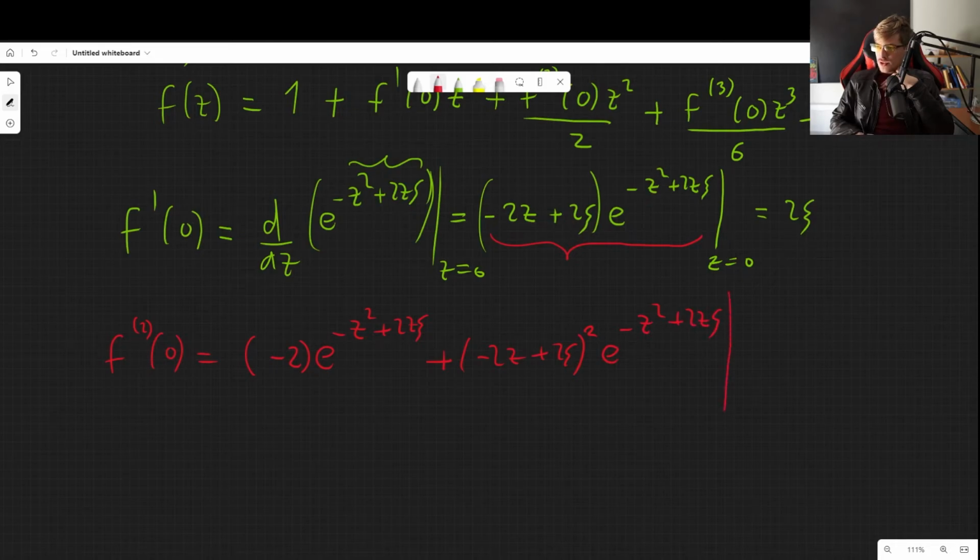And we have to evaluate all of this at z equals 0. So when we do that, this exponential, well, it's 1, so we get minus 2. And this thing right here, z here, it's 0. So we are left with 2 psi squared, so plus 4 psi squared. And there we go. That's the second derivative. Now, finally, we need one more derivative.